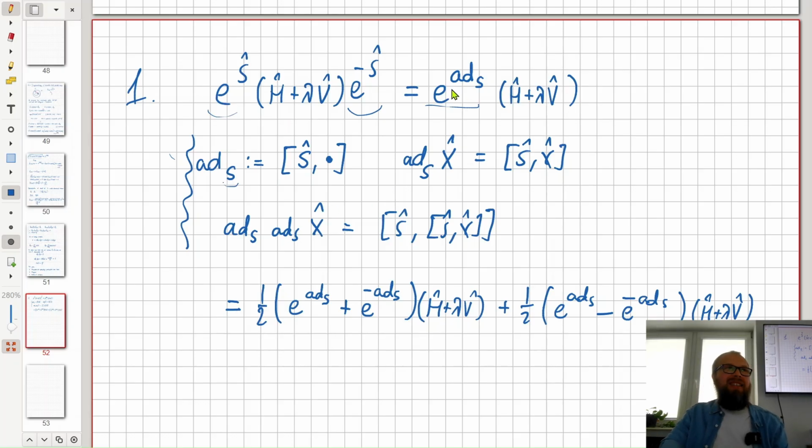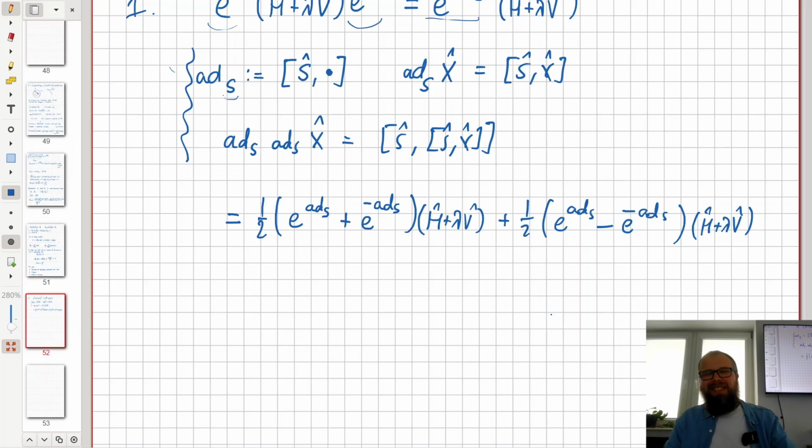We took this guy and split it in half, one half here, one half here. We added e to the minus adjoint and subtracted e to the minus adjoint. So the net, nothing changed, right? However, if you recall your trigonometry, what we have here is a hyperbolic cosine of ADS acting on H plus lambda V plus hyperbolic sine.